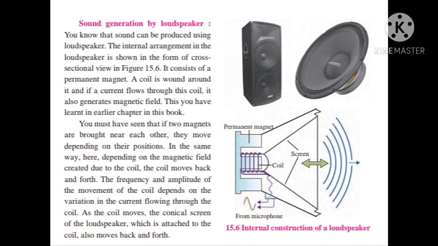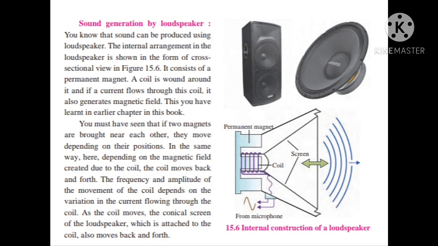In this figure, we can see this loudspeaker consists of a permanent magnet. A coil is wound around it, and if a current flows through this coil, then it also generates magnetic field.